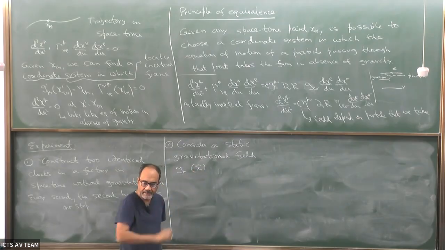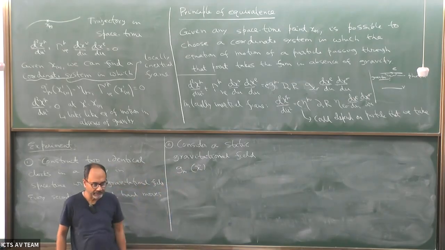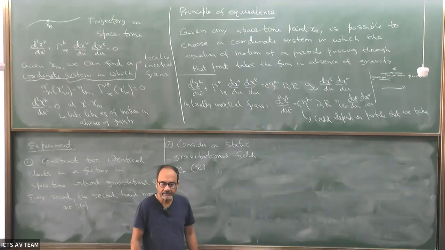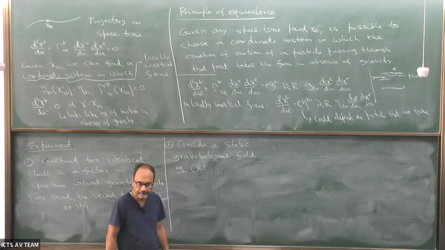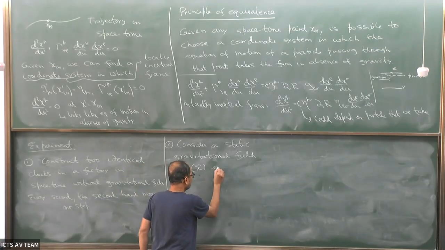That's what we mean by a static gravitational field. It doesn't depend on x naught. So this description is not coordinate invariant, but that's okay. Let's suppose there is some choice of coordinates in which G mu nu depends only on the space coordinates and not on the time coordinate.